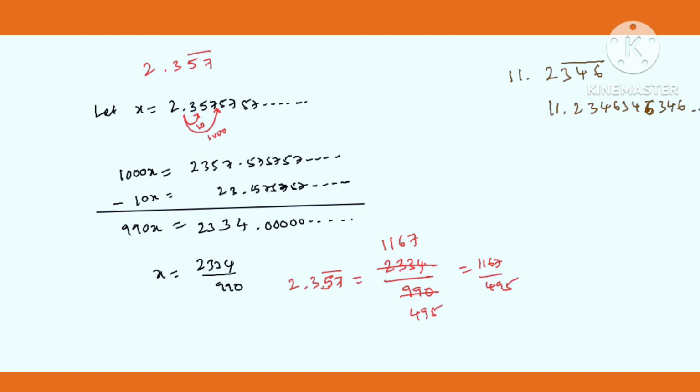We have to multiply 2 times. The point must move to after the non-repeating part, and also one pair of the repeating part. First we multiply with 10. Here how many places? 1, 2, 3, 4. So we multiply with 10,000, and one more time we multiply with 10. So there is the process. Thank you.